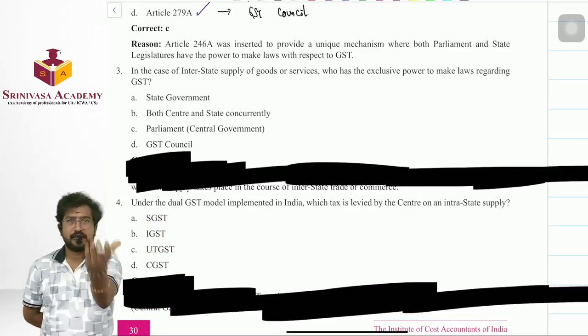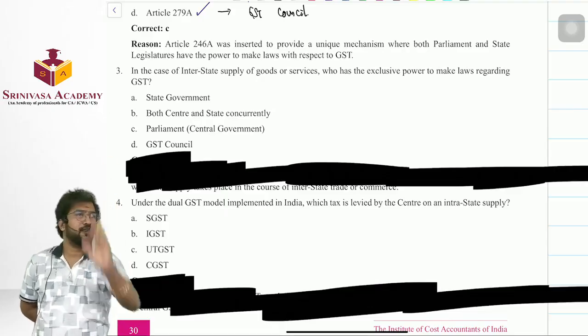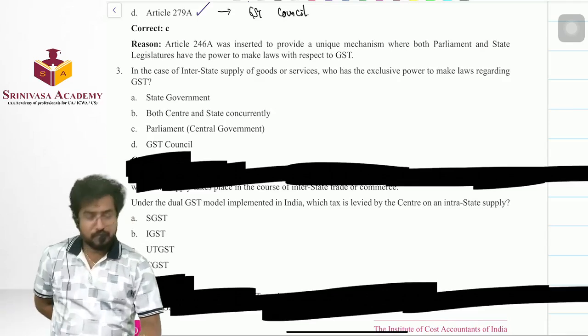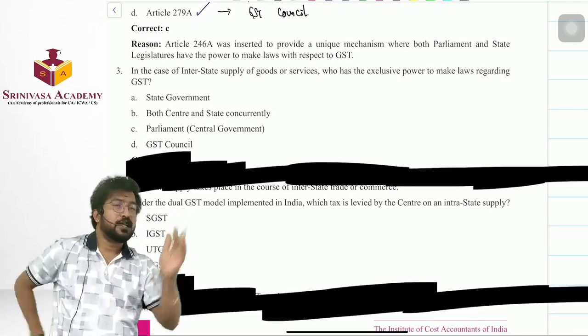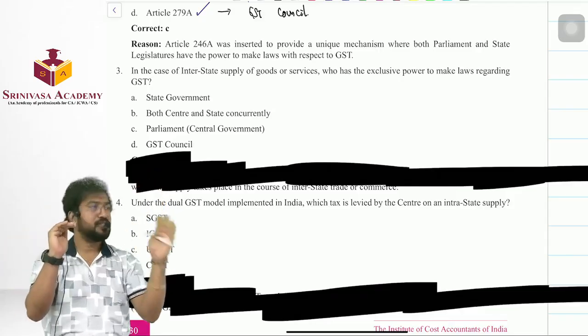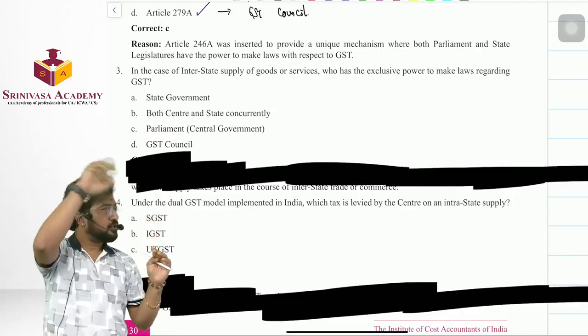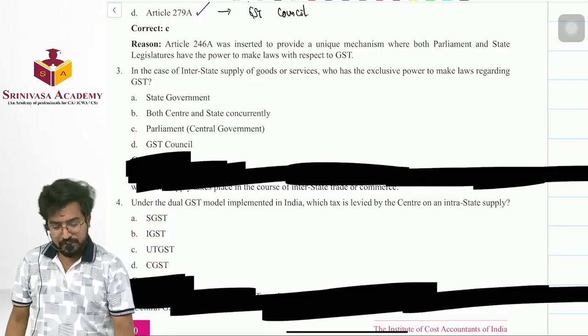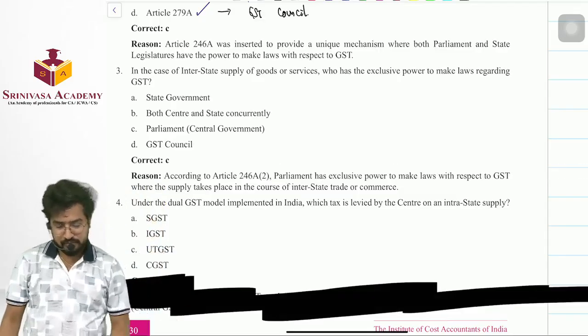It will only take decisions and give recommendations. 246A, do you remember? Intrastate, both center and state. Interstate, only center. Intrastate, both center and state. So here, what is the answer? Option C. Next.